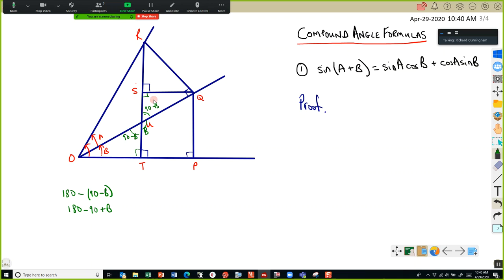This angle is going to be 90, which means that this one is going to be B. Looking at the triangle RUQ, can you see RUQ? That is a right angle triangle, correct? If the angle at Q is 90 and the angle at U is 90 minus B, then this one must be B.